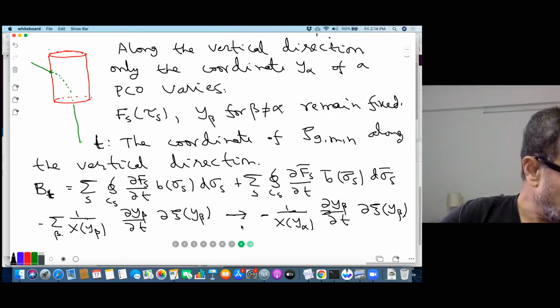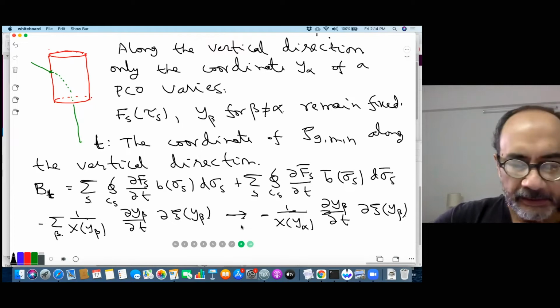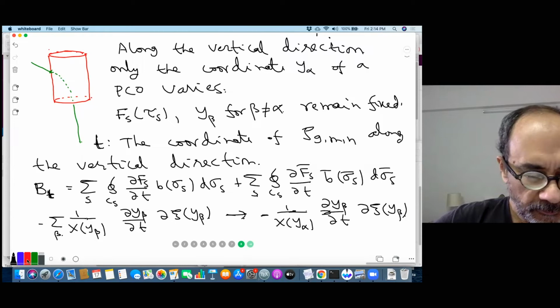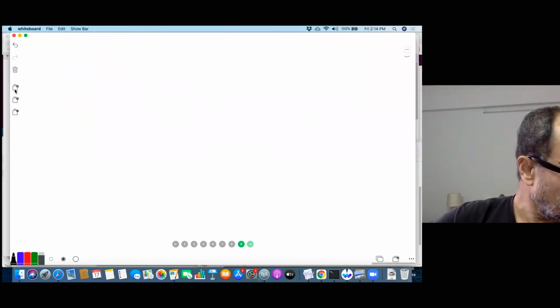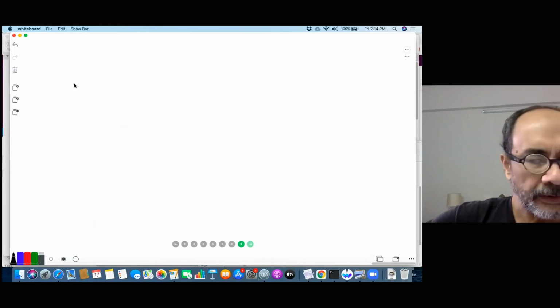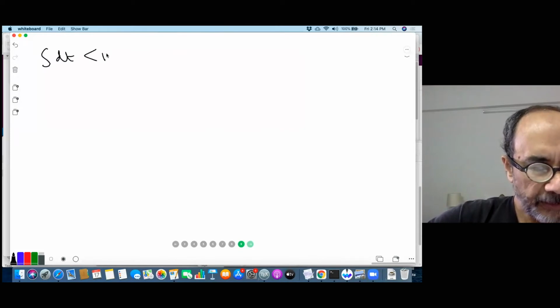We are now going to collect all the t dependent terms inside the correlation function. So you have to do this integral dt, then B_t, and the various other things.